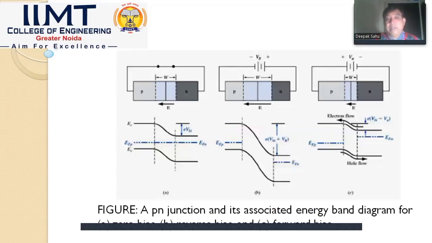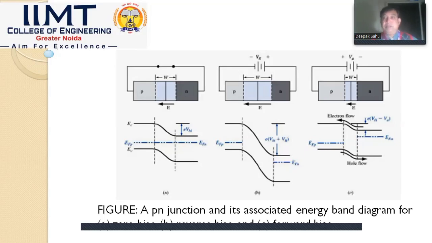Now, a comparison diagram is shown here, in which the first figure is of a no bias condition, and we can clearly see EFN and EFP on the same level, and the energy difference is shown by the built-in barrier potential VBI. Now, as soon as reverse biasing is applied, this region increases, and EFN moves more below towards the valence band level, which is shown by VBI plus VR.